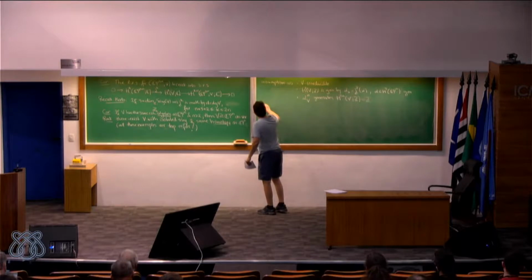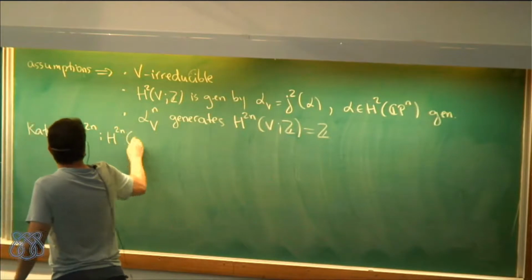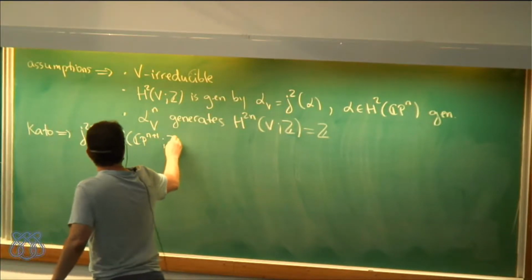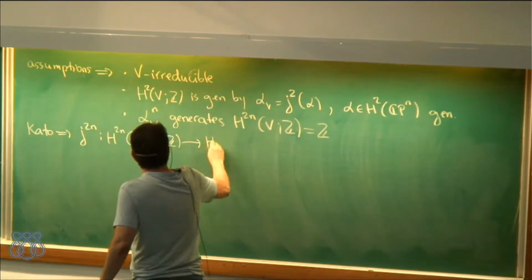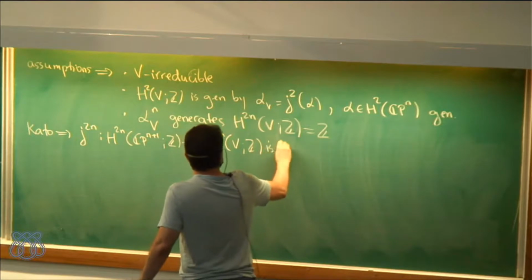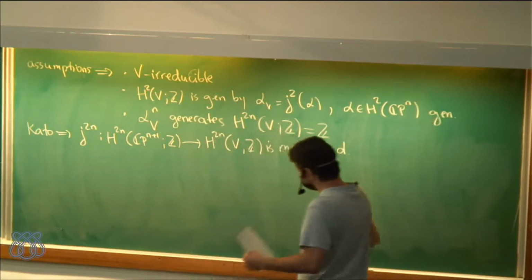So Kato implies J2N, from H2N of CPN plus 1, which is the same as CPN, of course, to H2N of V, is multiplication by D.